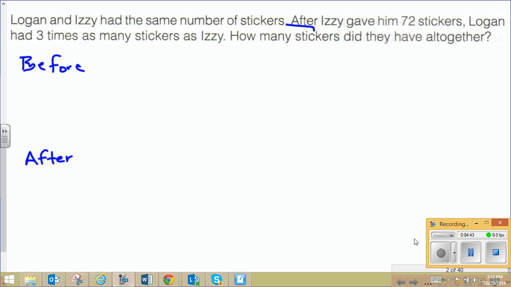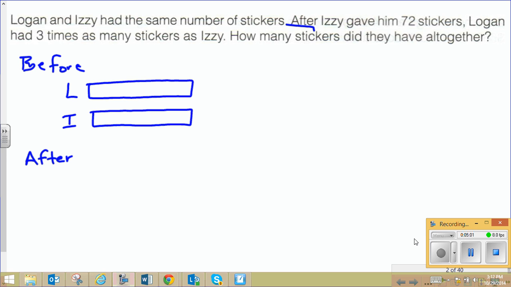The information that is given to us is that before Izzy gives away any stickers, Logan and Izzy have the same number, so their bars will be the same size. The next piece of information says that after Izzy gave him 72 stickers, Logan had 3 times as many as Izzy.